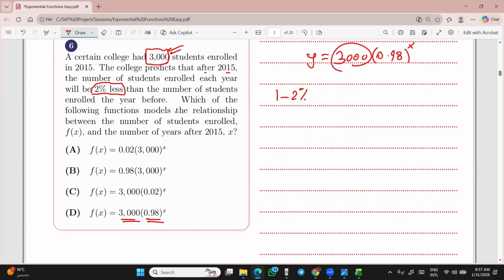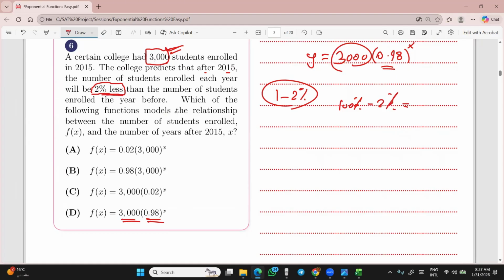So here, 3,000 should be written at the beginning, which is a, because we started at an amount of 3,000. And then we need to use this verb. 2% less means 1 minus 2%. You can use the calculator, or you can think about 1 as 100% minus 2%.